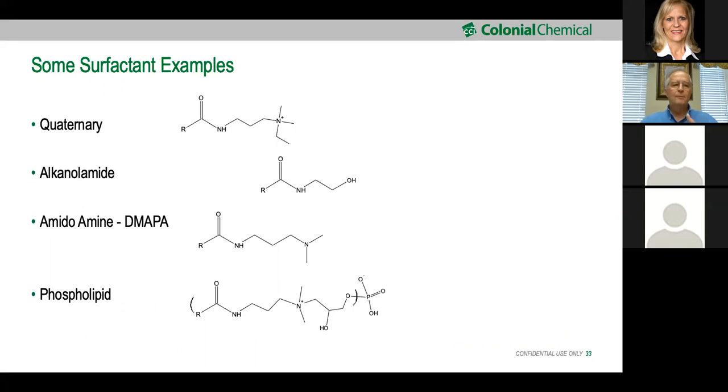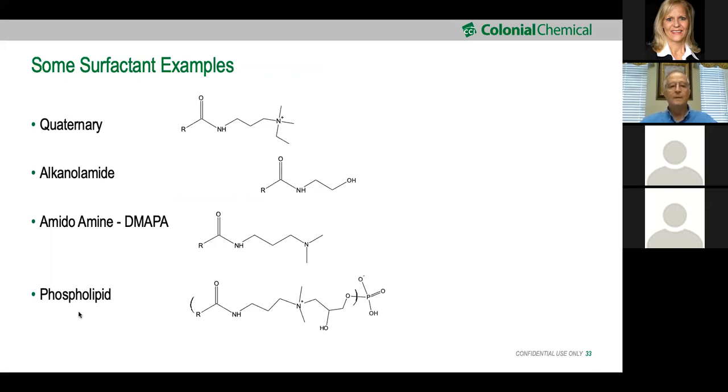So just some examples. And in these examples, the R group next to the carbonyl in all of these is, of course, from the high oleic soybean oil or the hydrogenated soybean oil. And then you functionalize that with either a quat, an alkanolamide, an amidoamine, such as derived from DMAPA, or a phospholipid.